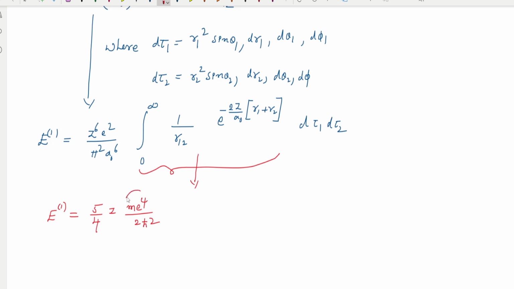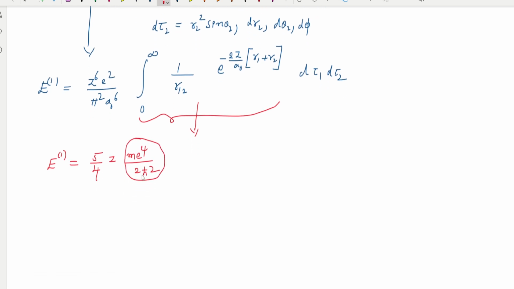If you observe, this is clearly W H. So E1, the first order correction energy, is 5 divided by 4 Z W H, and in hydrogen at ground state, W H is 13.6 electron volt.